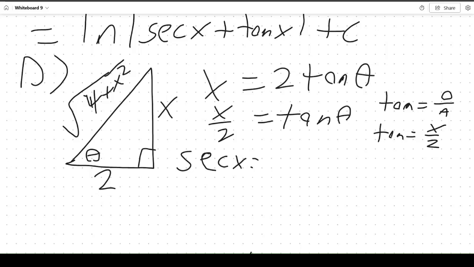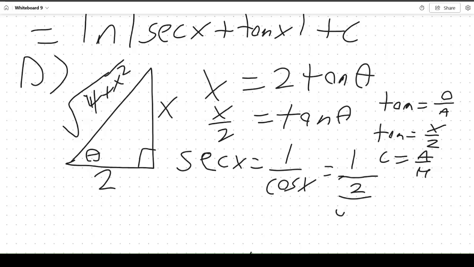And secant x is going to be equal to 1 over cosine x. And remember that cosine is equal to adjacent over hypotenuse. So in this situation, it will be 1 over 2 over the square root of 4 plus x squared.